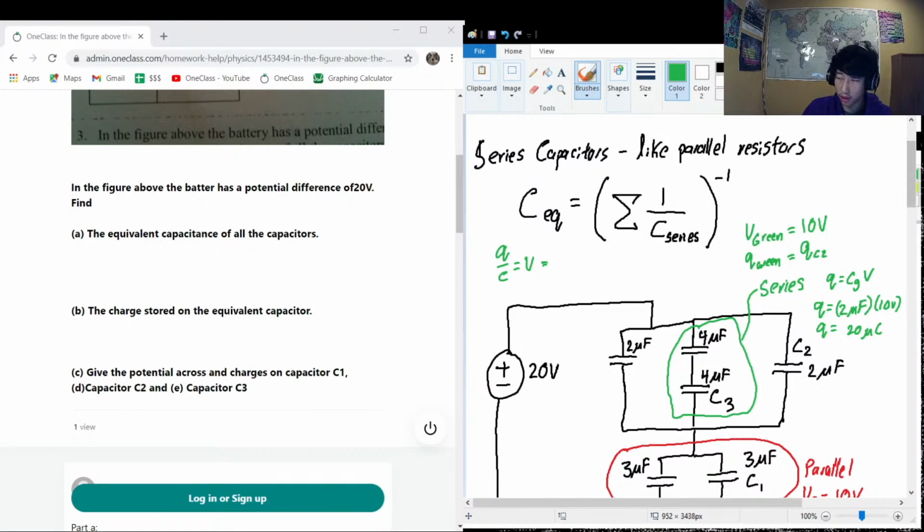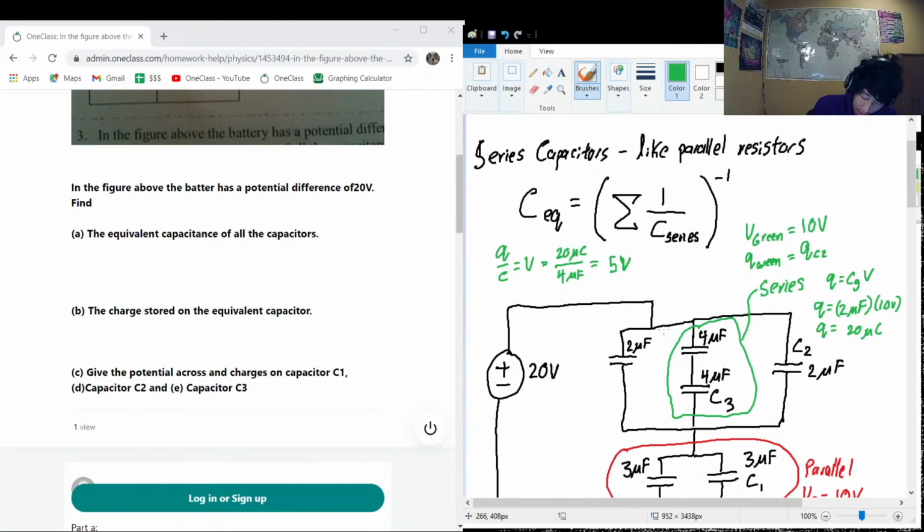Like we have a 4 attached to a 4 in series. So the Q, we just calculated that to be 20 microcoulombs, my bad. I want to divide that by the value of the capacitance of C3, and that's going to be 4 microfarads. And this is going to give us our final voltage, which is just 5 volts.